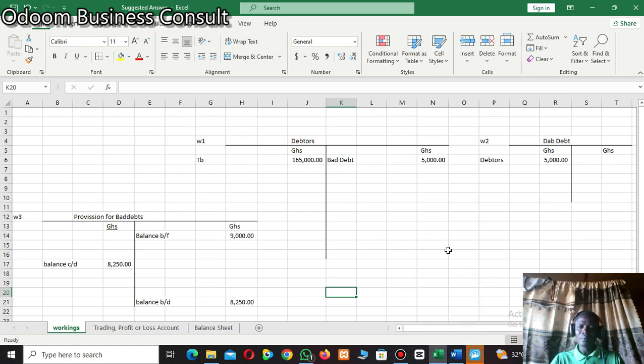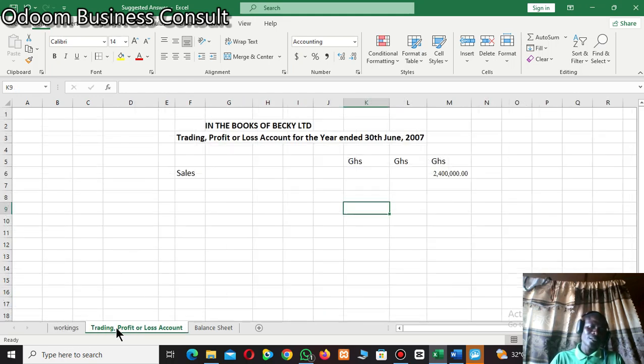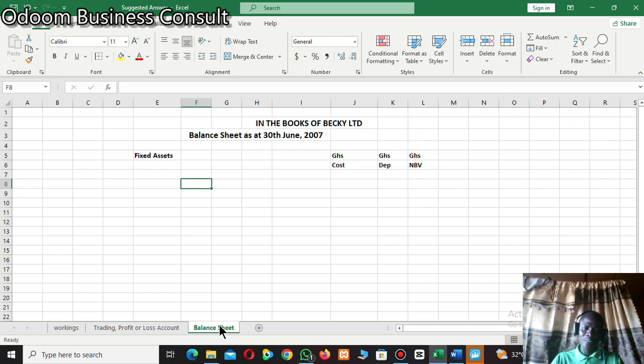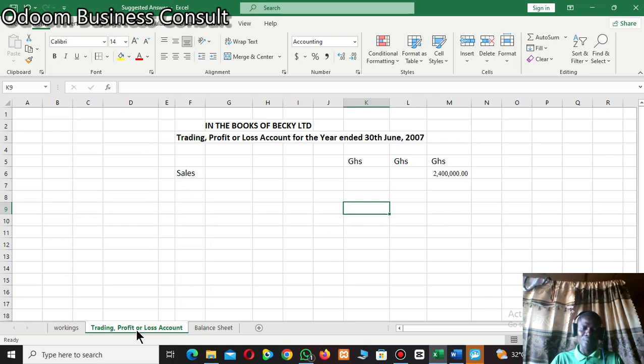Okay, this is how you are supposed to present your answer for trading profit and loss accounting examination. First, do the workings, then from there you transfer the figures to the trading profit and loss account. Then from there you go to your balance sheet and you are good to go. But some people will not do that. They will just pick the question straight away and present it in the trading profit and loss account. No, if you do it that way, you get everything or some of the figures wrong.